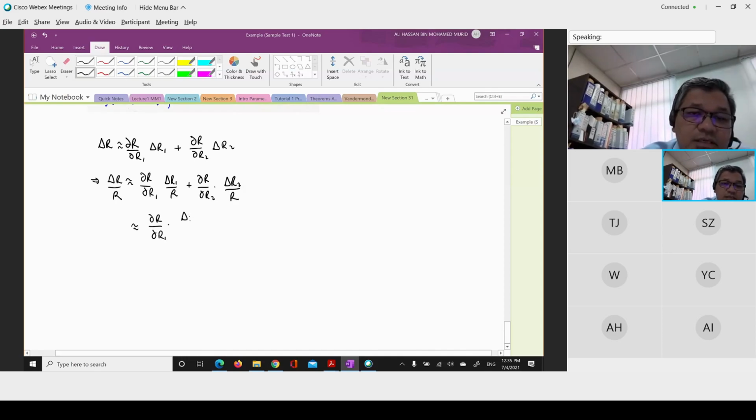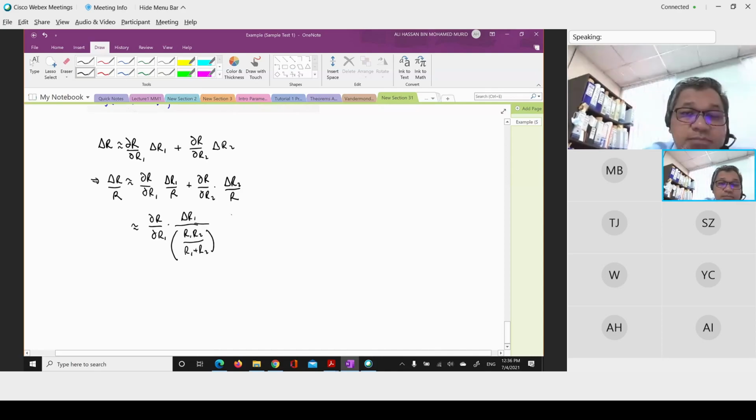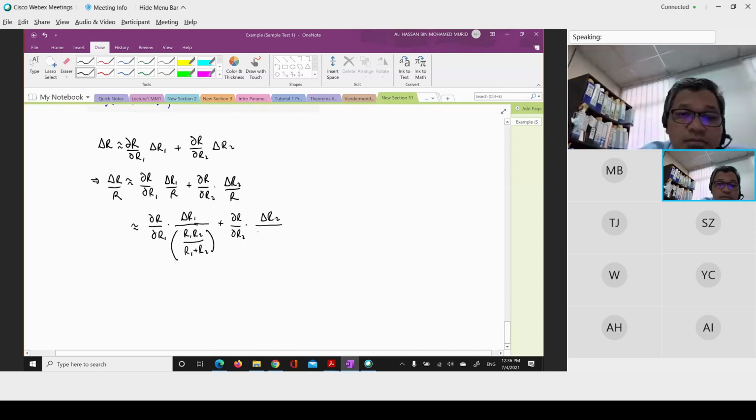What is R? R is equal to R1 R2 divided by R1 plus R2, right? Okay, let me substitute this first. So R, the second term is also R1 R2 divided by R1 plus R2, okay?